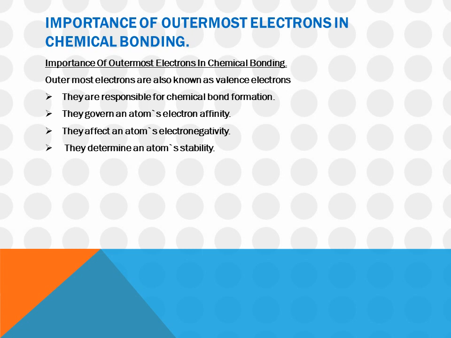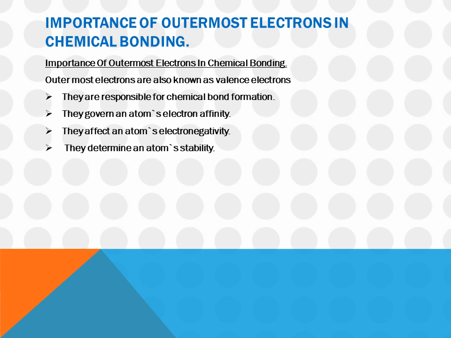Then we have another importance, that they determine the atom's stability. In this case, valence electrons are responsible for a given atom's stability. That means that according to the octet rule, atoms tend to gain or lose electrons to achieve the octet state. At this point, they become stable.